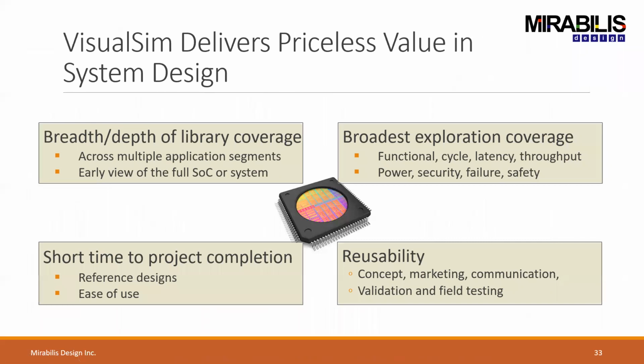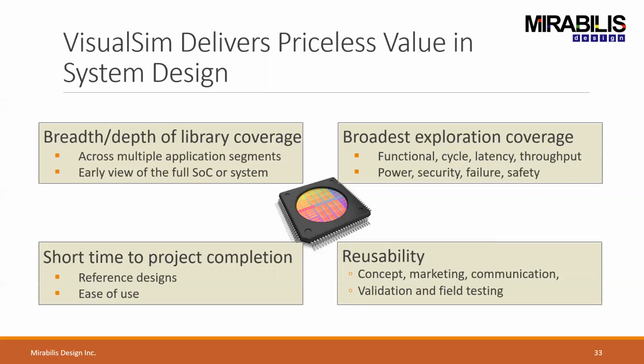Now, the reason VisualSim is used and is probably the number one product in the system design space is the four following reasons. One is the size of the library. Any application you take and any level of abstraction, you have a library for that. There's a huge spectrum of analysis and studies and trade-offs that you can do.